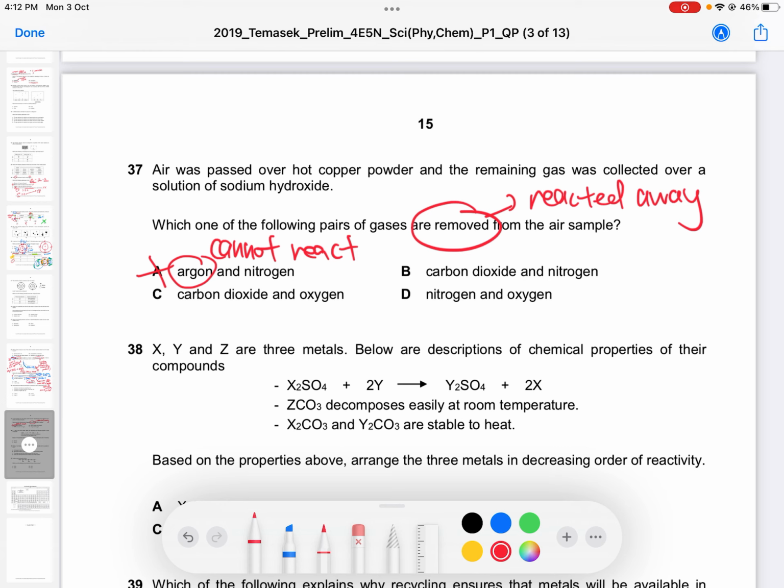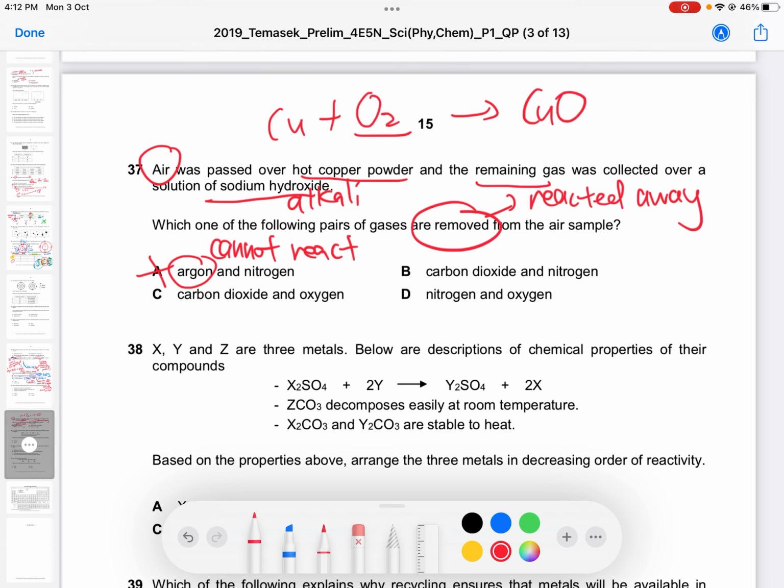Okay? So they're telling you I have something that is called my air. I have copper metal. Copper metal reacts with something, and the remaining gas will react with sodium hydroxide, which is an alkali. So copper, if you recall my air, copper can only react with oxygen.